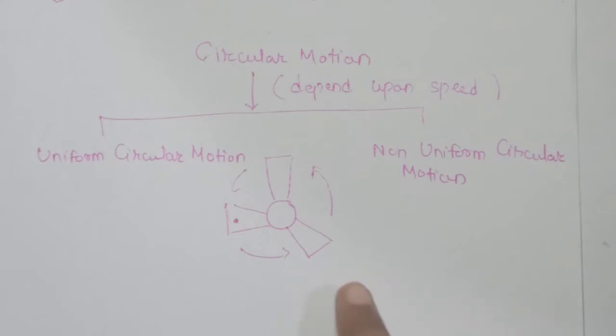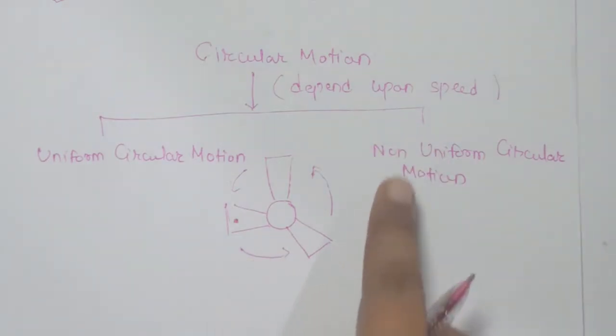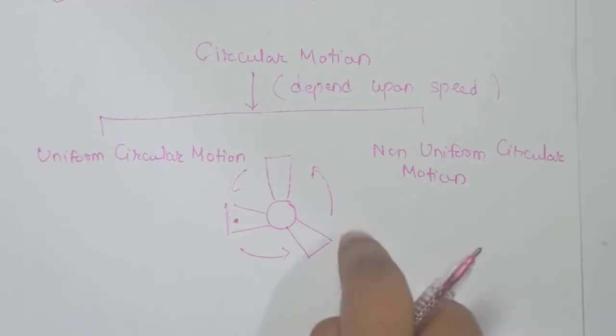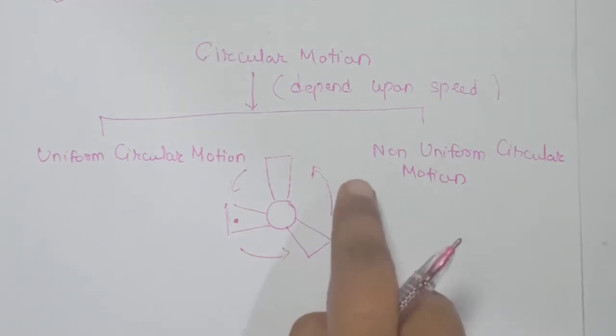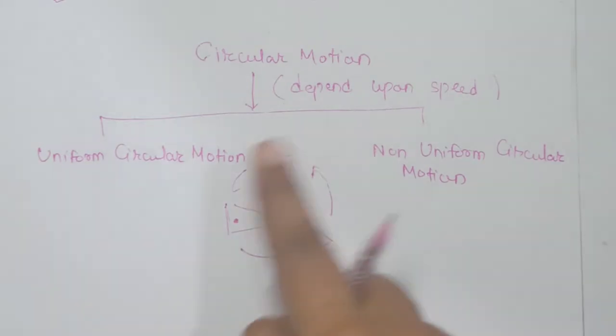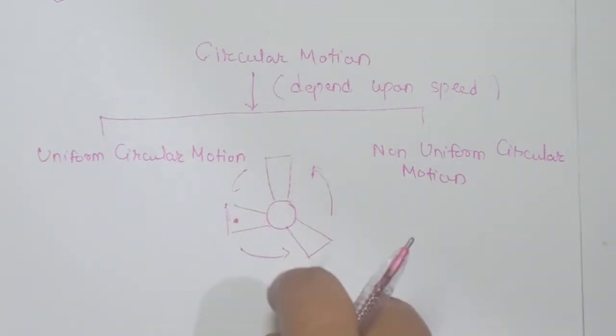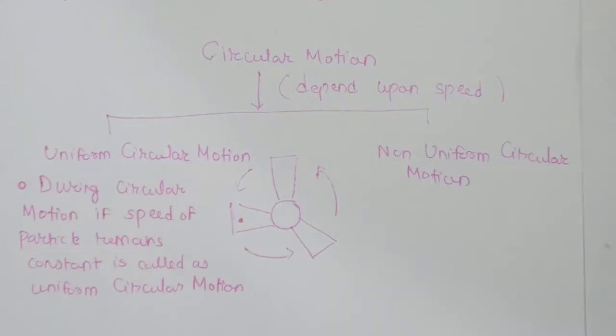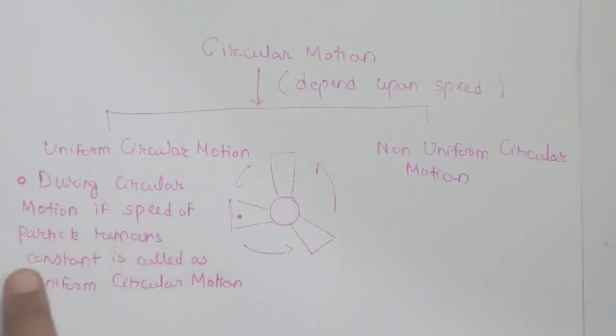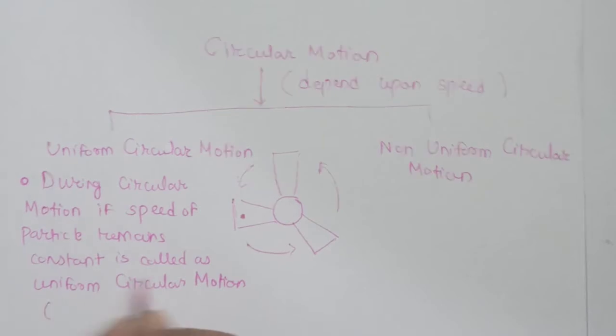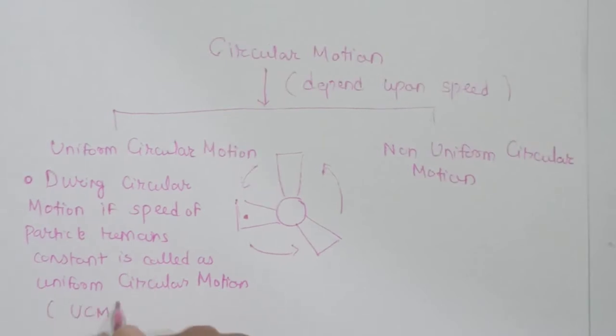Here, after reaching its maximum speed, the blades of the fan will move at that speed along the circumference of the circle. You can simply write uniform circular motion as UCM. U stands for uniform, C stands for circular, and M stands for motion.